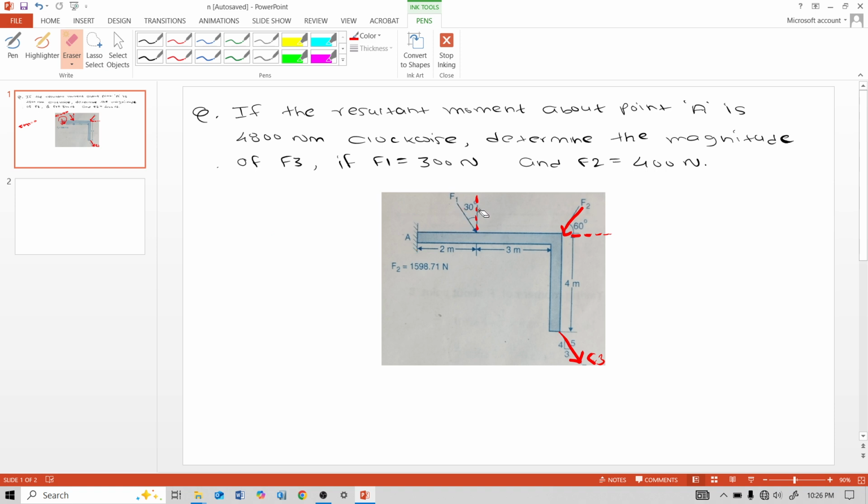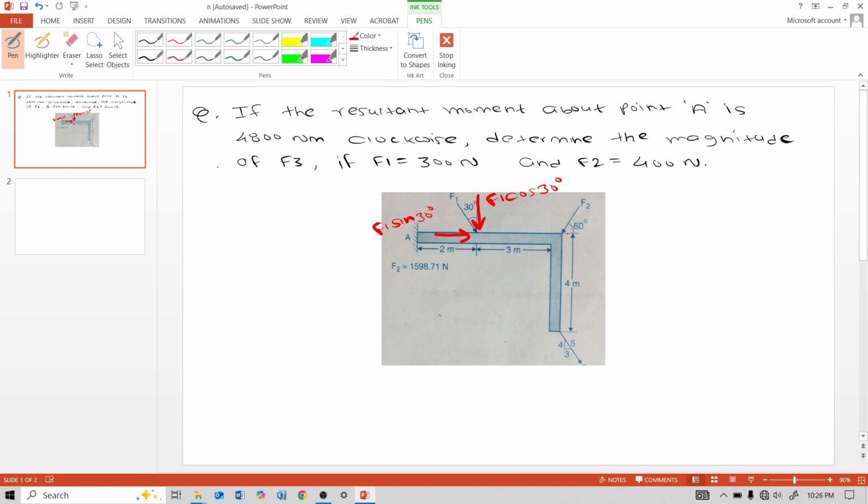Before that, we will resolve these inclined components. Here F1 is resolved like this. See here, 30 degree is attached to this force, that's why it is F1 cos 30 degree, and here it is F1 sin 30 degree.